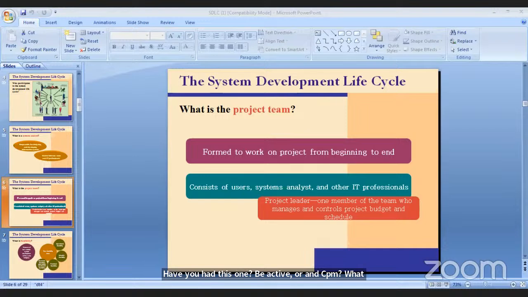PERT is Project Evaluation Review Technique. CPM is Critical Path Method. Both are used to find the optimum schedule from the starting to the final stage, so as to reduce the overall project cost, time, and duration.